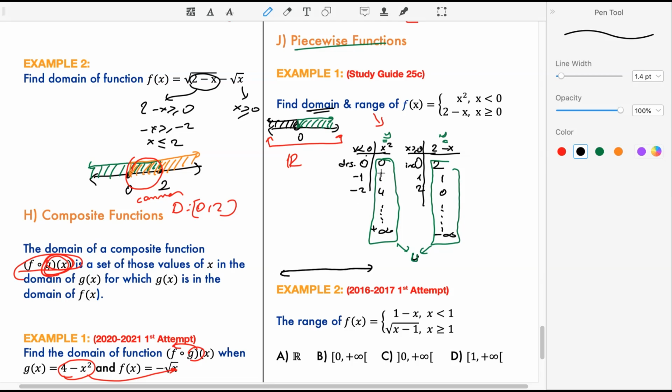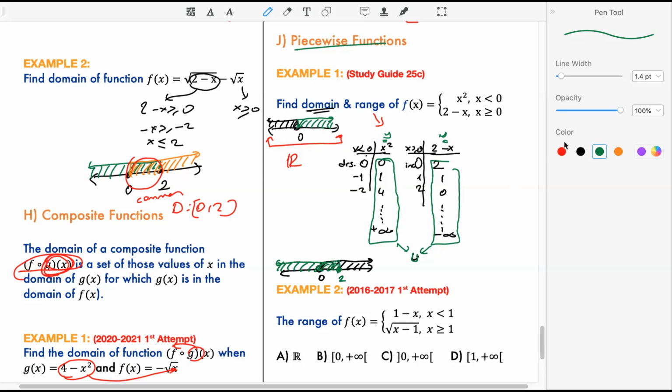So for the first part, 0 to infinity, 0 is here excluded to infinity, shade the right side. For the other part, 2 to negative infinity, 2 is here, bigger than 0, included, and we shade the left side, it's going to negative infinity. So this point also will be closed.